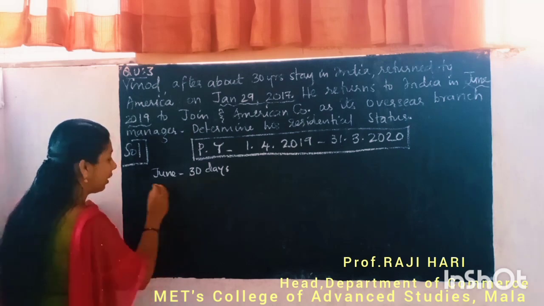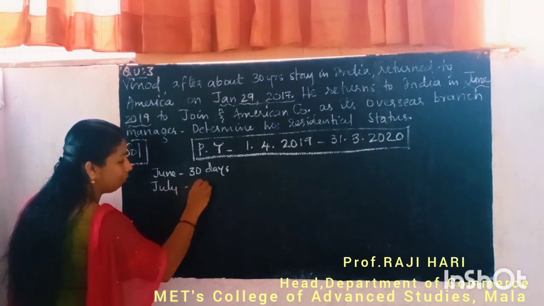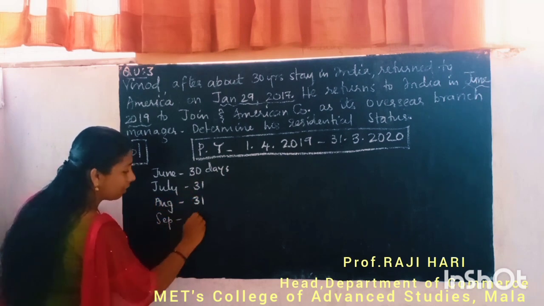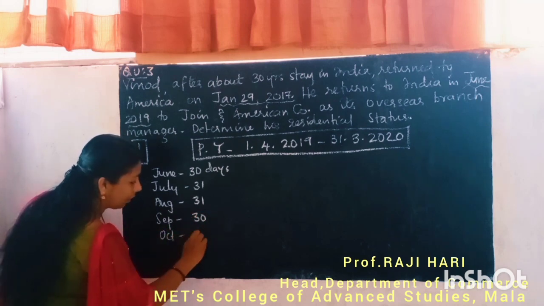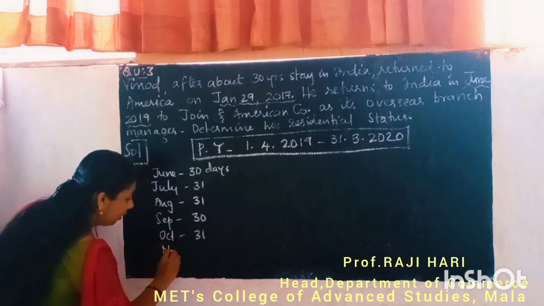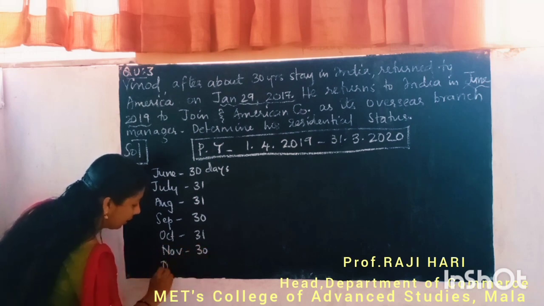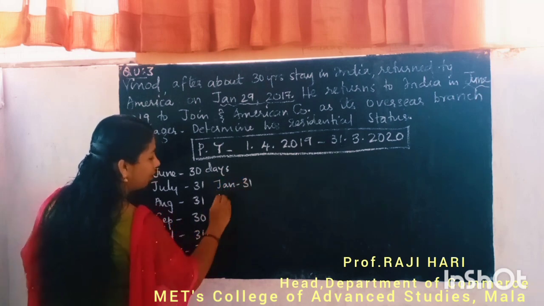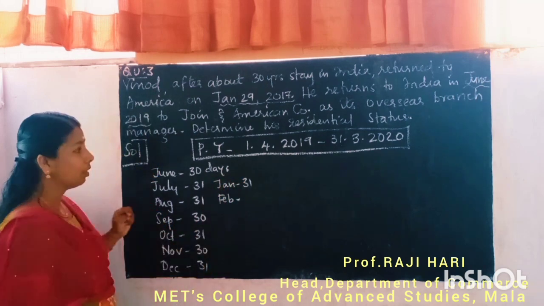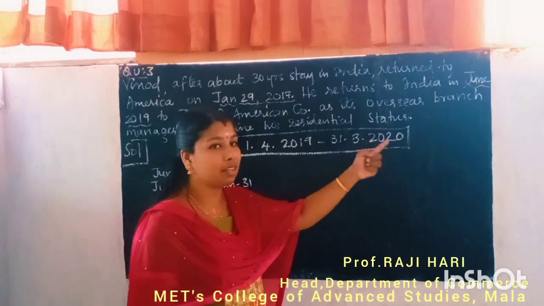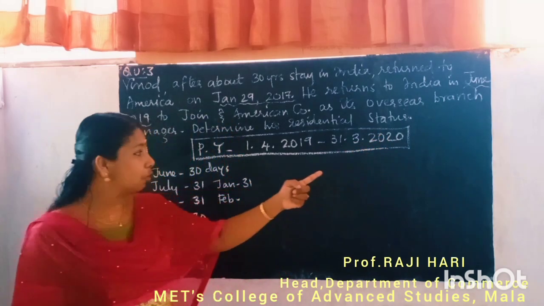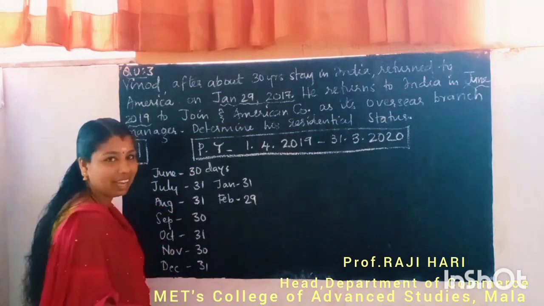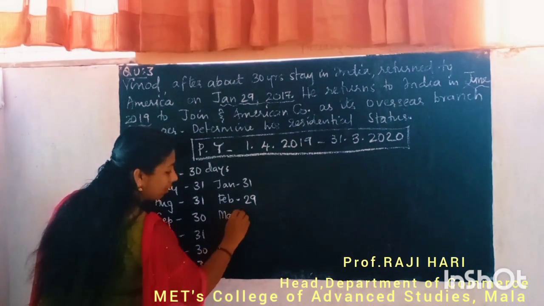Okay, so June 30 days, July 31, August 31, September 30, October 31, November 30, December 31, January 31, February 2020. Is it a leap year or not? 2020 is a leap year, yes. So it has 29 days. Then March 31.